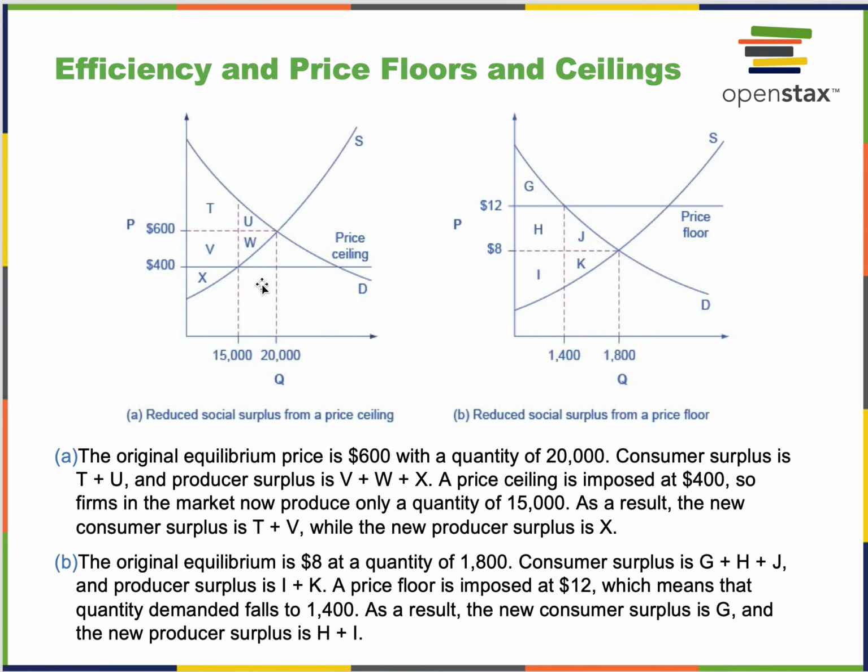The producer surplus is V plus W plus X. A price ceiling is imposed at 400. Boom. Now the consumer surplus is T plus V, and the producer surplus is X.